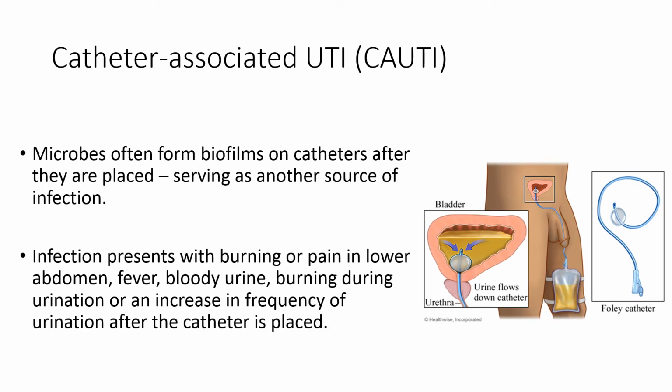The microbes often form biofilms on the catheters after they're placed, serving as another source of infection. Typically, these UTIs present with burning or pain in the lower abdomen, fever, bloody urine, or burning during urination, and an increase in frequency of urination after the catheter is placed.